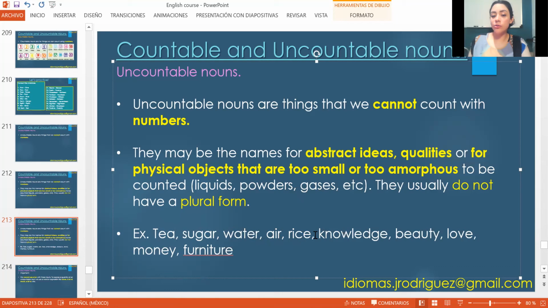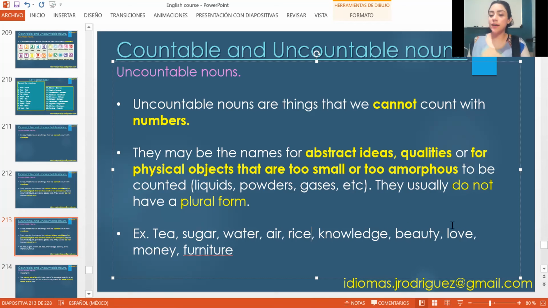Okay, we don't have rices like that. Arroces, no. Rice. Knowledge, conocimiento, uncountable. We cannot say one knowledge, two knowledges, no. Knowledge always, the plural and the singular.